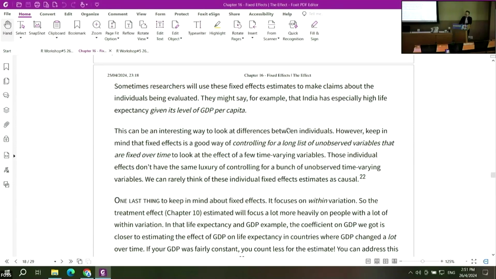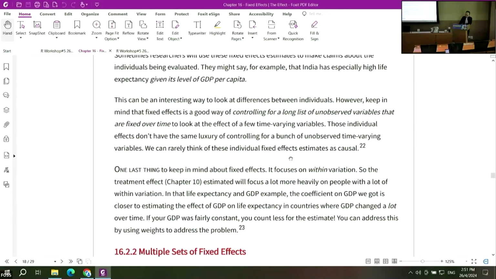So this can be an interesting thing to look at, differences between individuals when you control for individual level differences. But keep in mind, fixed effects is a good way of controlling for a long list of unobserved variables that are fixed over time to look at the effect of time varying variables. Those individual effects don't have the same luxury of controlling for a bunch of unobserved time varying variables. We can rarely think of individual fixed effects estimates as causal.